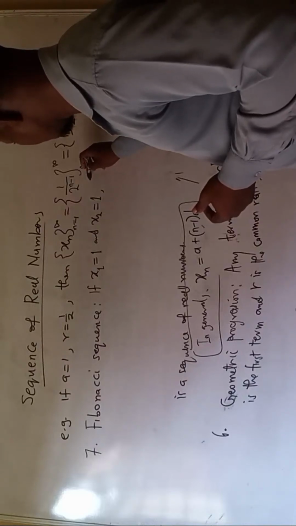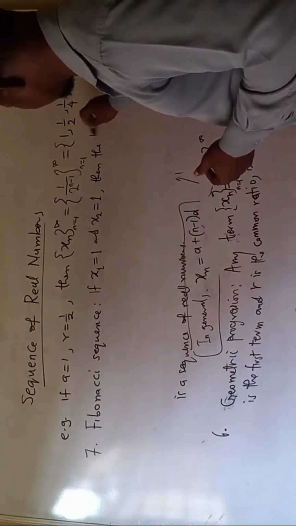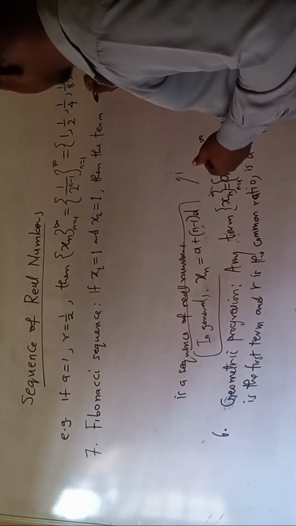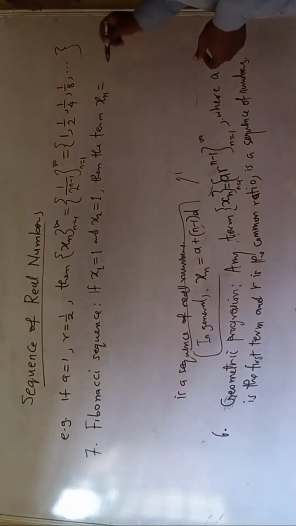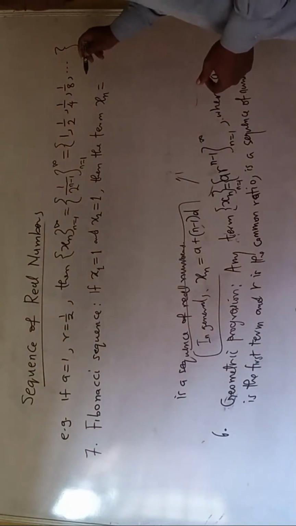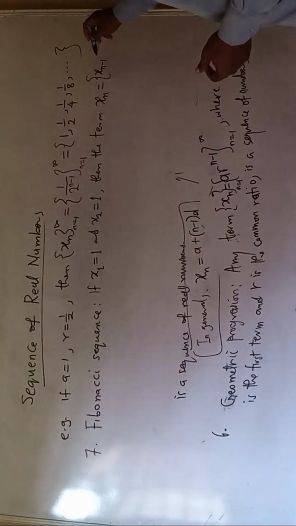Then the term xn equals xn minus 1 plus xn minus 2.